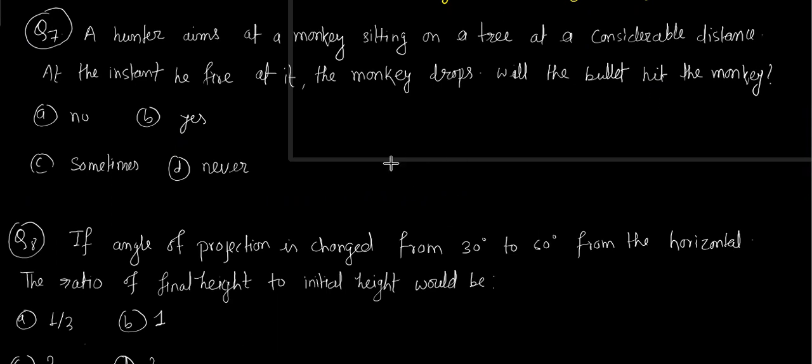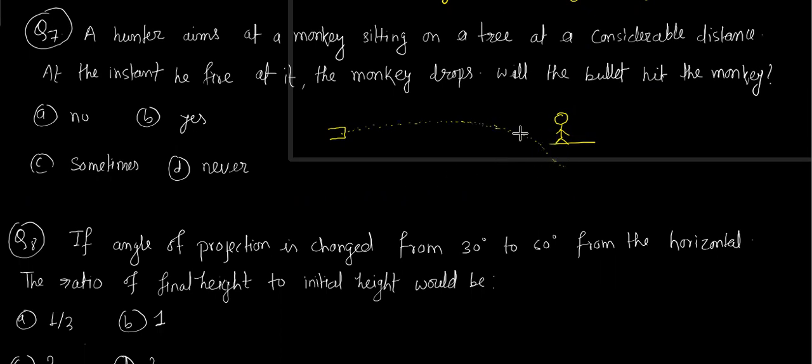Suppose this is the monkey and a hunter fires directly with a gun. But as we know, the motion of the bullet will be in a parabolic path, so the bullet must travel along a parabolic path.